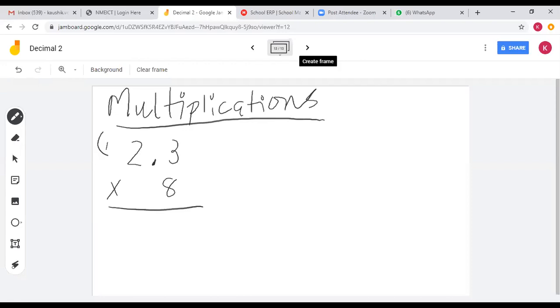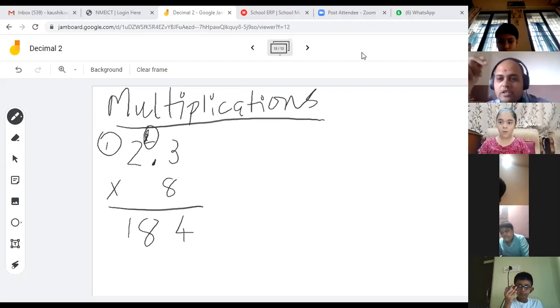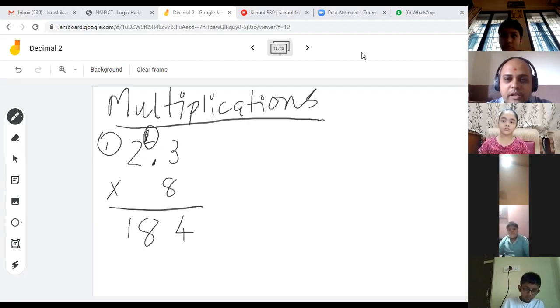This is the first example where we are multiplying a decimal with a whole number. So 8 3s are 24, 2 carried over. 8 2s are 16 plus 2, that is 18. Forget the decimal point right now. While doing multiplication, first step, forget the decimal point, then do the multiplication as such. Simple multiplication only.